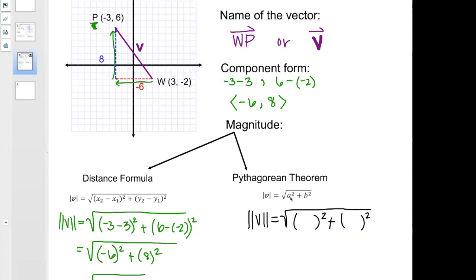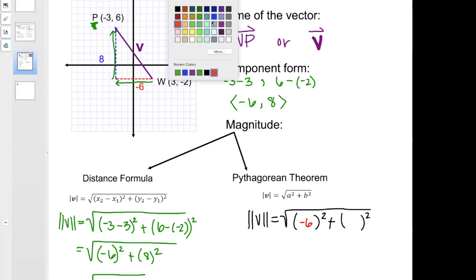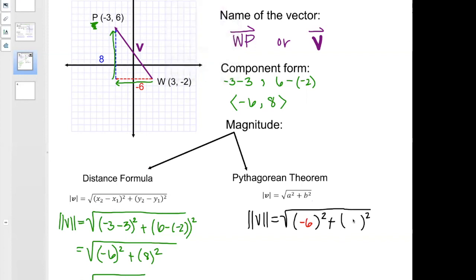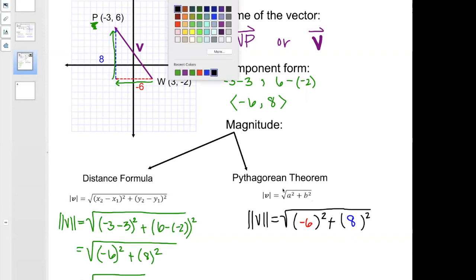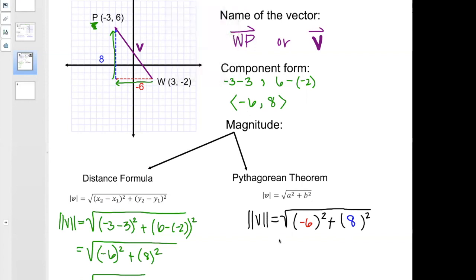I'm going to use the horizontal as the A, so in this case -6, and the vertical component as the B, which is 8. Then we just need to simplify. Again, we get 36 and 64, which is the square root of 100, which gives us a magnitude again of 10, which makes sense since it's the exact same picture. So magnitude 10 for both of those.